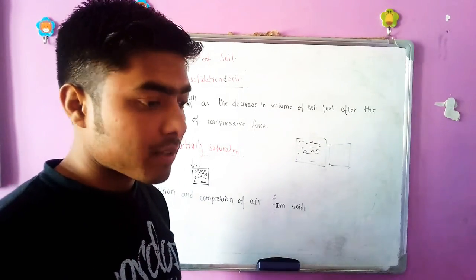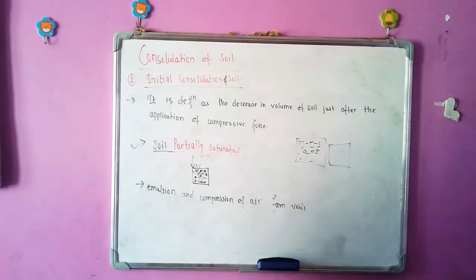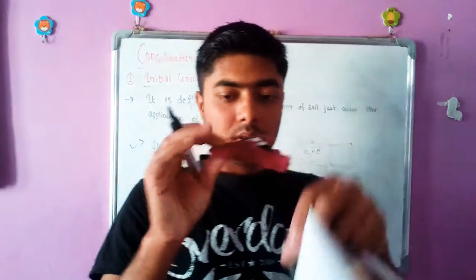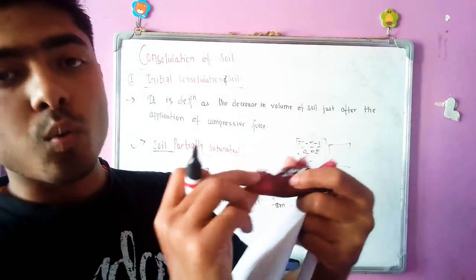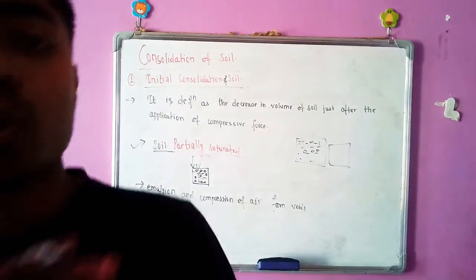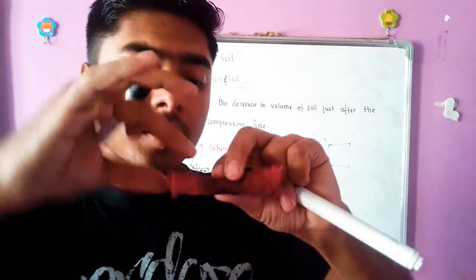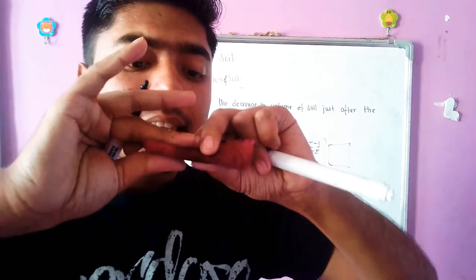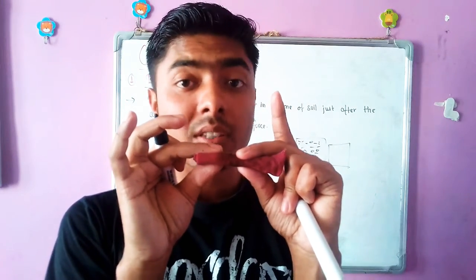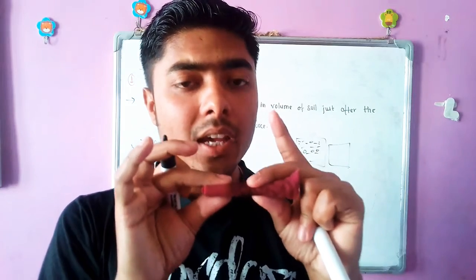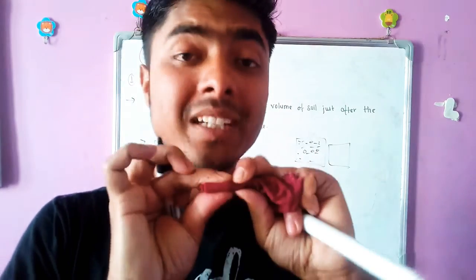For example, I say this is a soil sample, filled with water and air. When I press it or apply the compressive force, there will be air voids with air in them, and when I compress it, the air will be removed and its volume decreases.